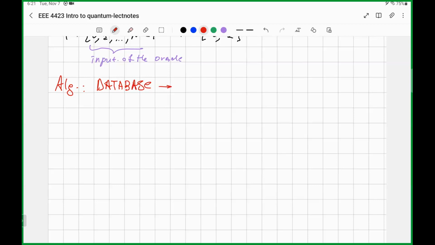We translate this database to the orthogonal quantum states, to the quantum basis or computational states.